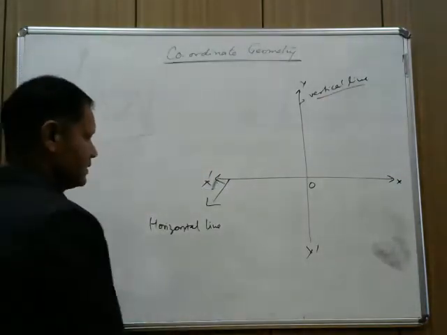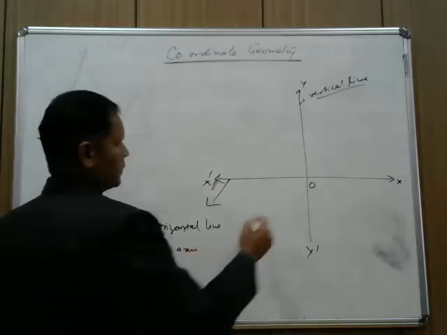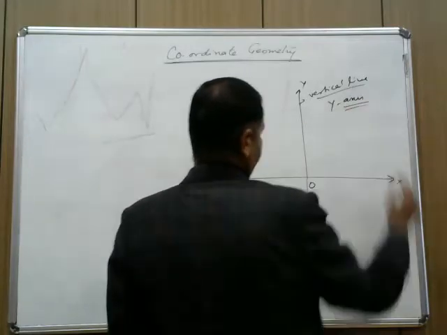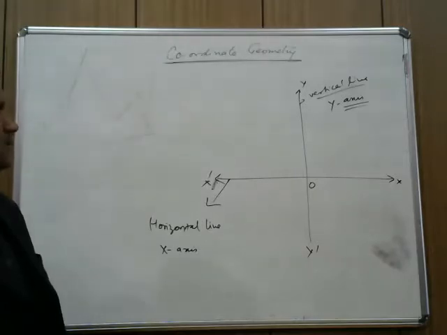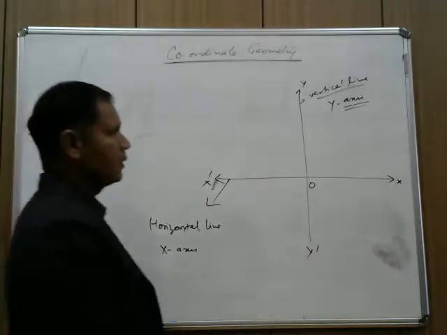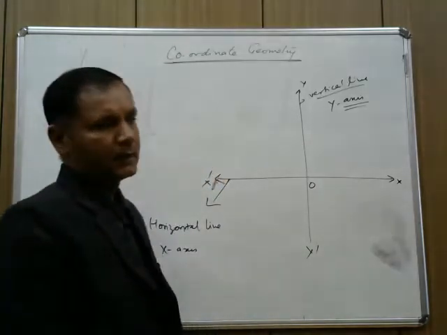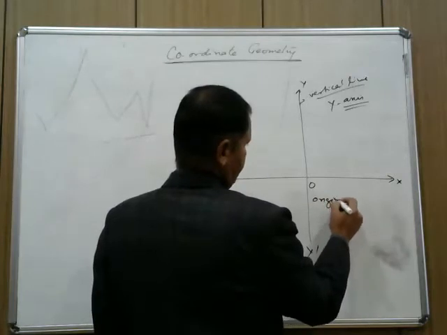Another name, this is also known as x-axis. This is also known as y-axis. Right? And the intersection point of this x-axis and y-axis is called origin, which is generally denoted by the capital letter O. Origin.